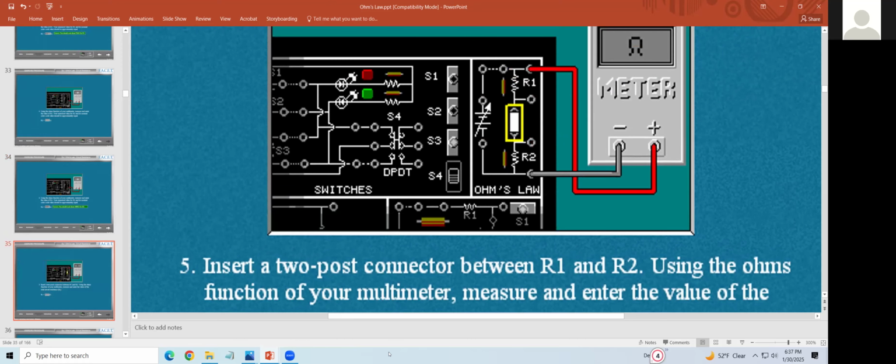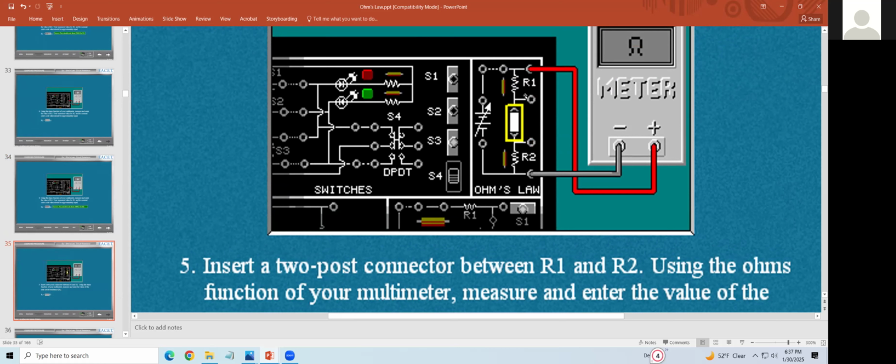Now, this thing you have to know. They want you to measure the resistor from this point to this point, so that's why you have to connect there. They call it a two-port connector. Inside the box in the lab, you take that and connect it.